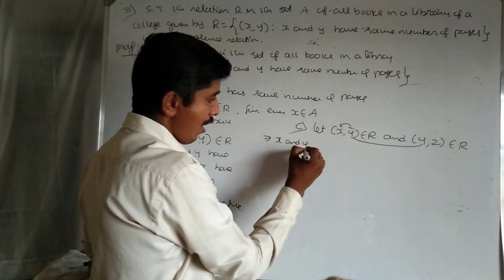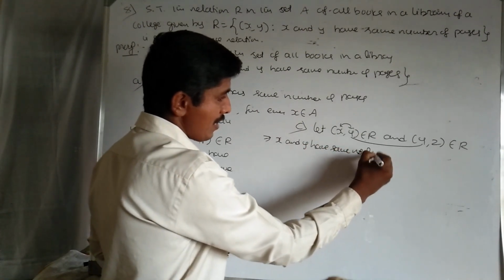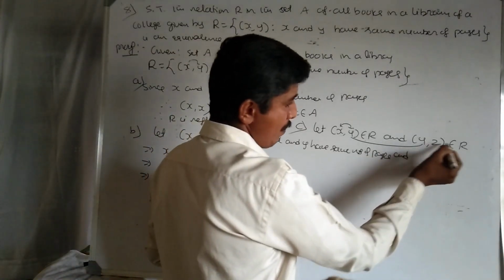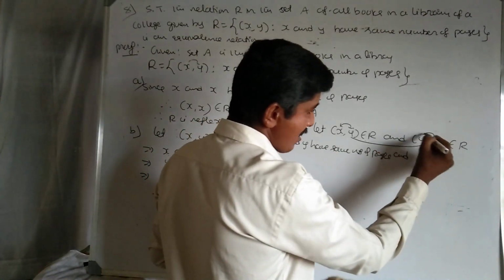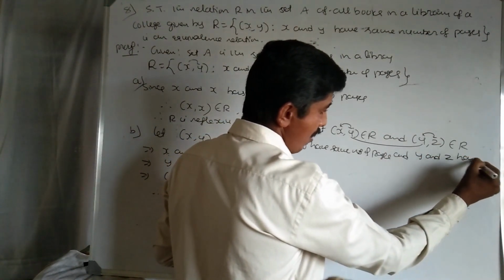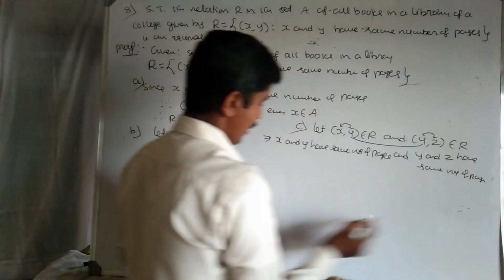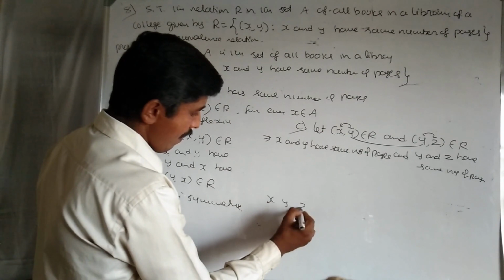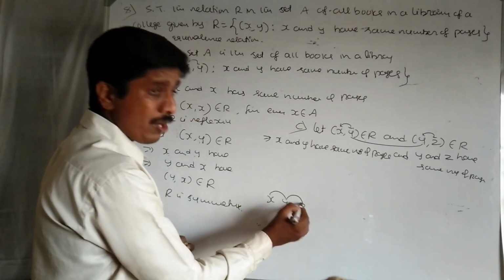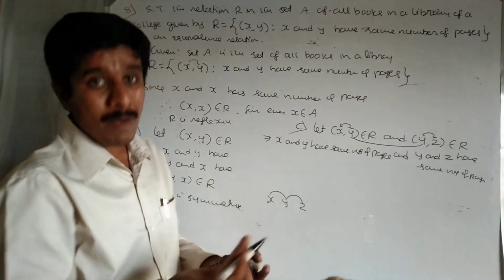X and y have the same number of pages, and (y, z) belongs to the relation means write the relation between y and z. Both y and z books have the same number of pages. Correct. X and y books have the same number of pages. Y and z books have the same number of pages. Then clearly 3 books have the same number of pages.